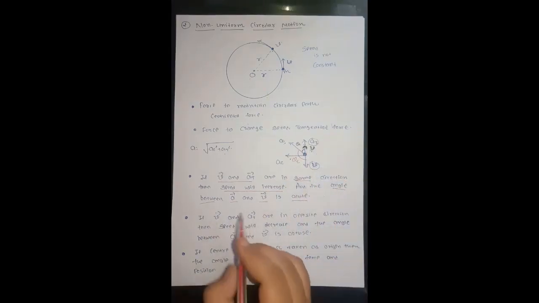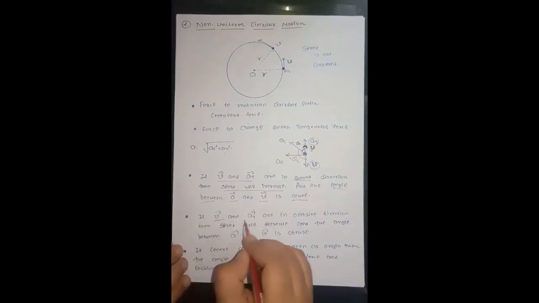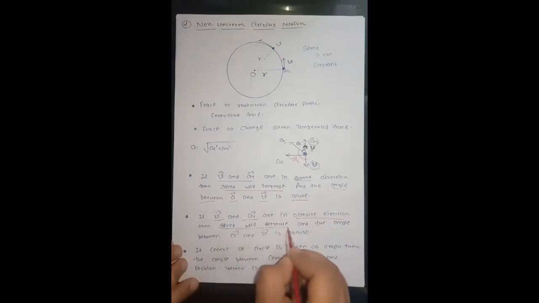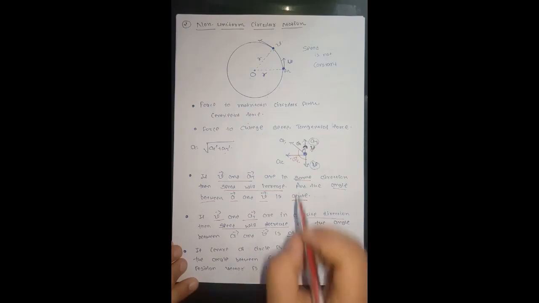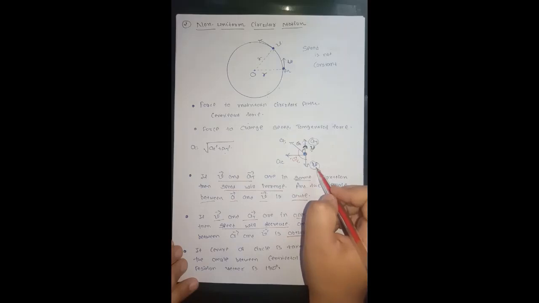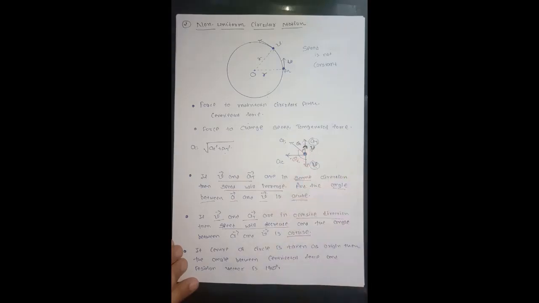If V and AT are in opposite direction, then speed will decrease and the angle between A and V is obtuse. As in this case, this is tangential acceleration and velocity, they both are in opposite direction, so the angle will be obtuse.